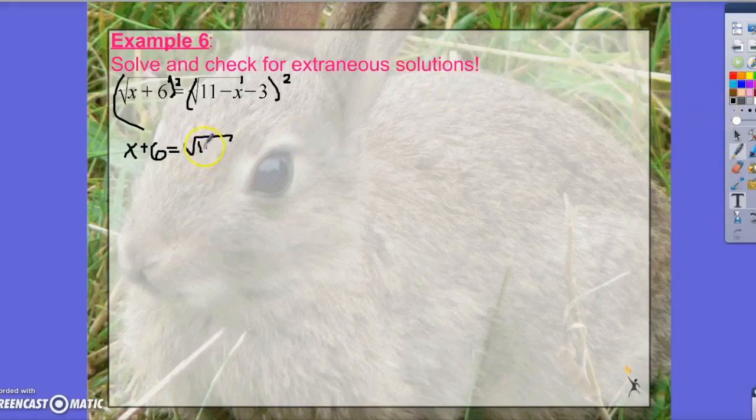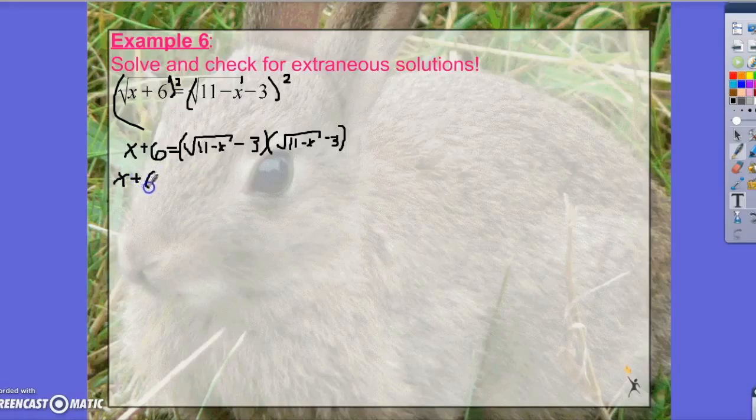So it's 11 minus x minus 3, times 11 minus x minus 3. All right. So now we're going to FOIL. Here's where that FOILing comes into play, like we saw in the last two sets of examples to get us ready for a problem like this.